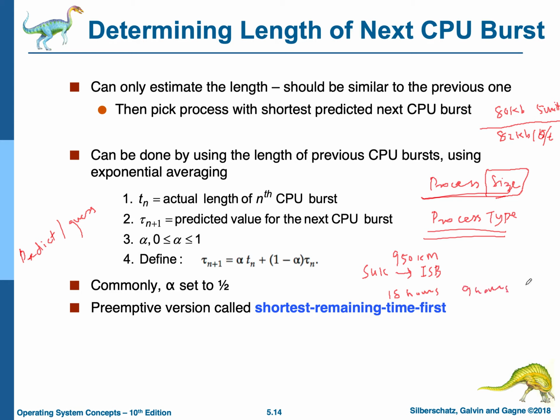If you go by flight, it might take 1.5, I mean 2 hours. So not only the distance but also the mode of transport matters. Here is the same situation: not only the size, but also the type of process or job is taken into account when we are determining the length of a job.